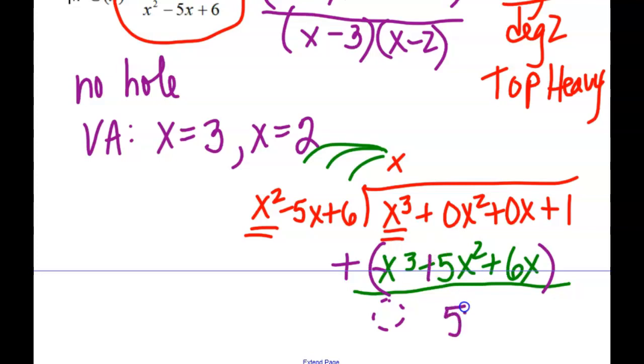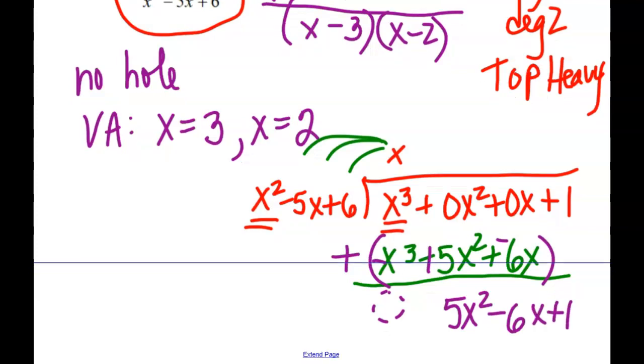This will become 5x squared minus 6x plus 1. Okay, x squared into 5x squared. What do we need to multiply by? So we get 5x squared minus 25x plus 30.